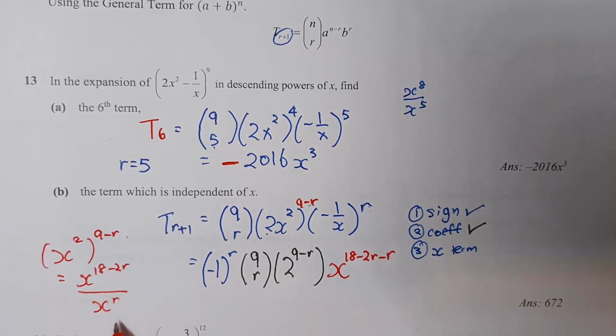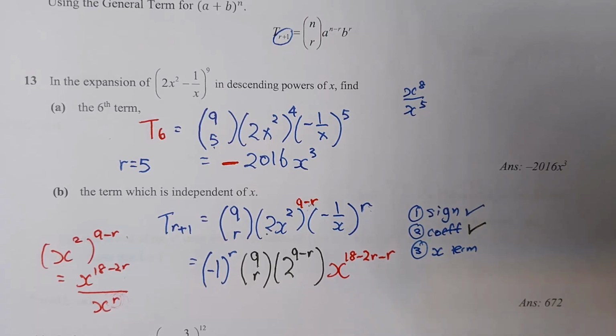So using law of indices, I will know that when I divide with the same base, the power you actually subtract. Okay, this is a law of indices. So I will need to subtract the r here. So I have 18 minus 2r minus r. All right, so that will be 18 minus 3r.